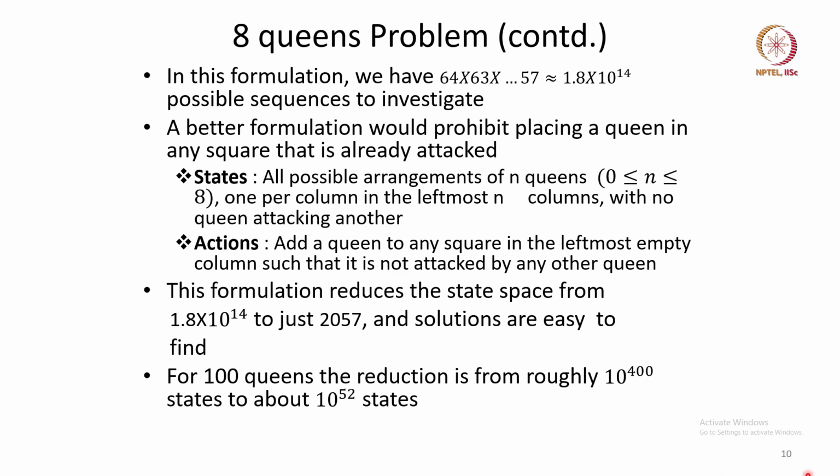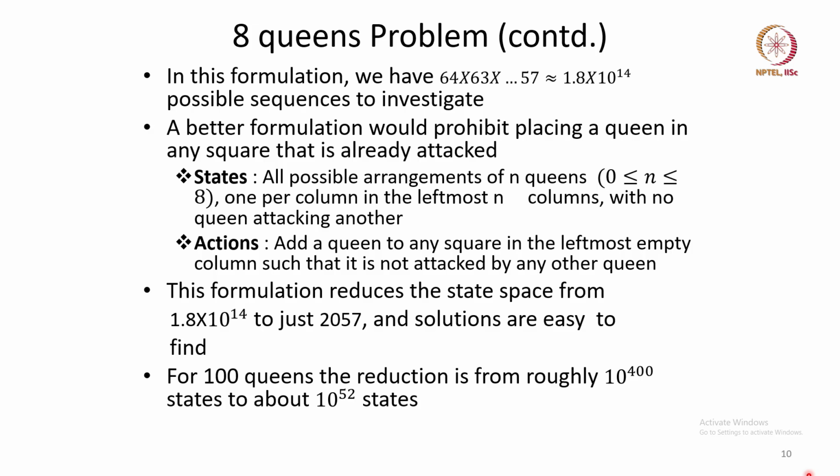Another way to formulate could be that you take all the 8 queens and you place them in one column each, somewhere in one column. And then each action could be moving one queen which is attacked to another square in the same column. So that is also another formulation.